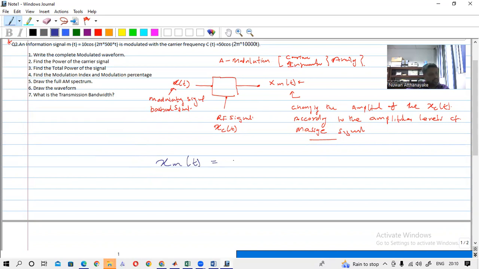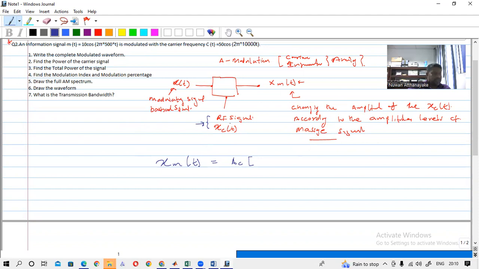xm(t) is equal to Ac. You already know that this RF signal or carrier signal is normally a sinusoidal signal, because RF signals are sinusoidal in nature.